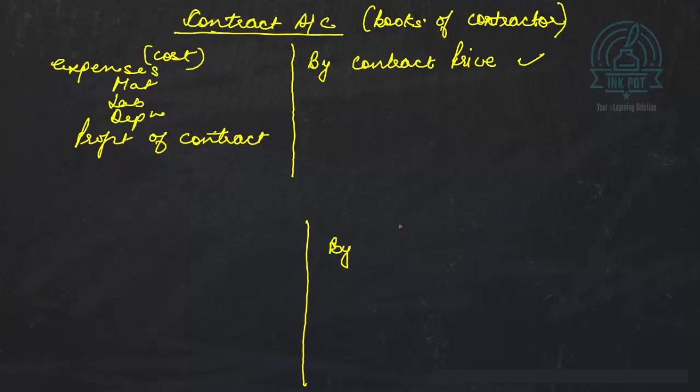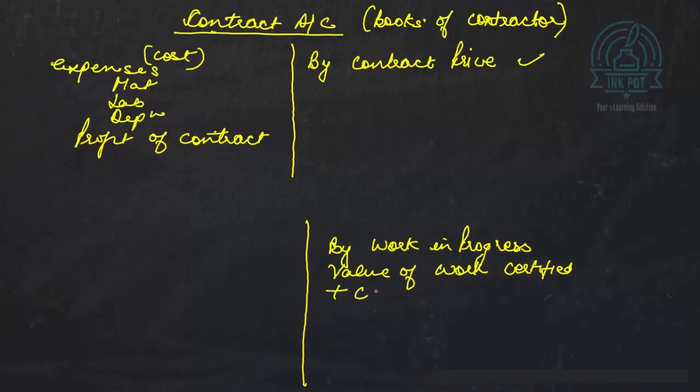by work in progress, because the contract is not complete, right? And this work in progress includes the value of work certified plus the cost of work uncertified, so we can record the amount here.